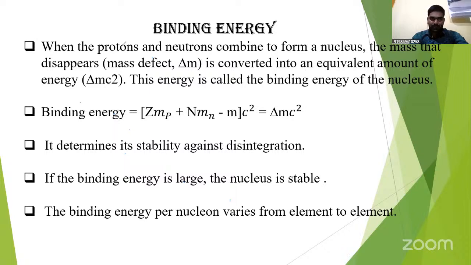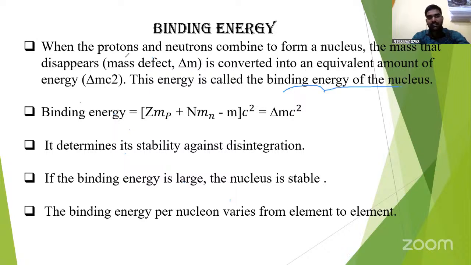When these protons and neutrons combine to form the nucleus, there must be some energy involved. The energy needed for the binding of these protons and neutrons is what we call the binding energy of the nucleus.